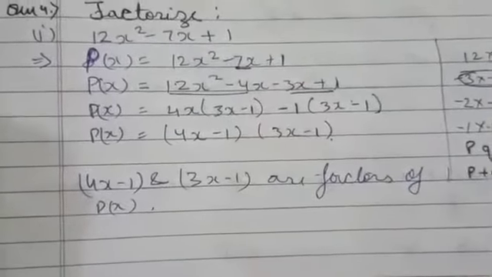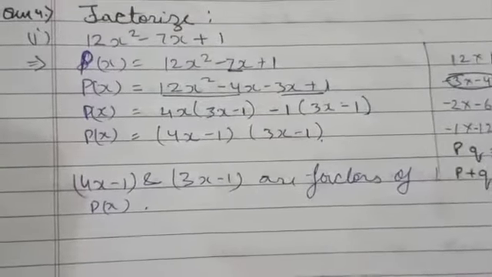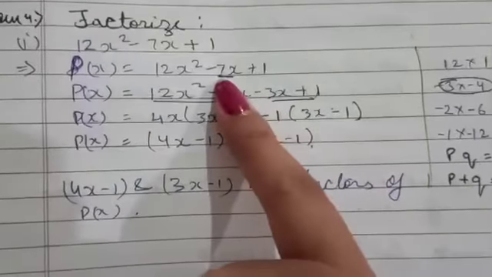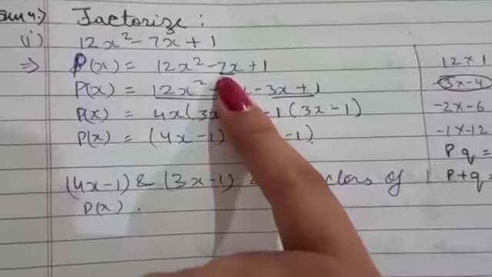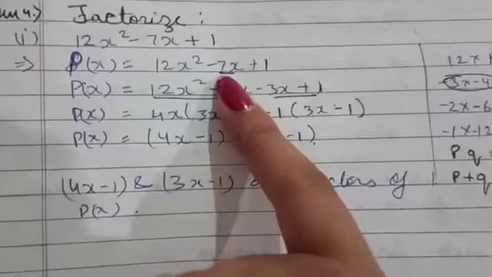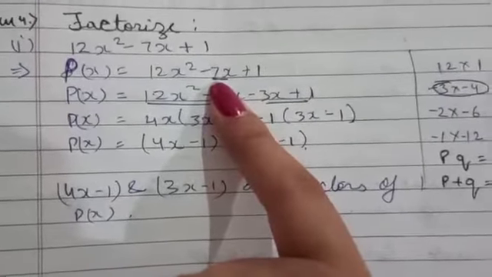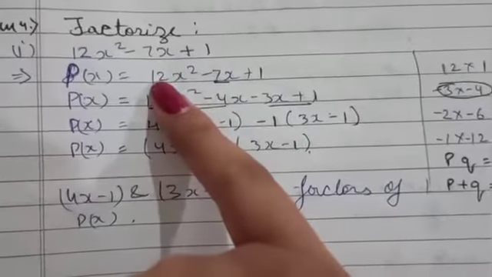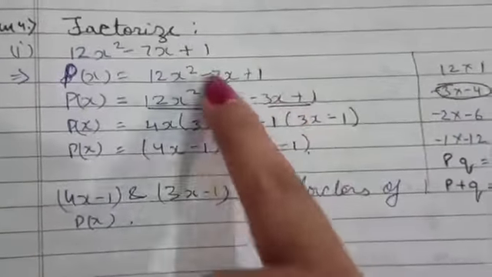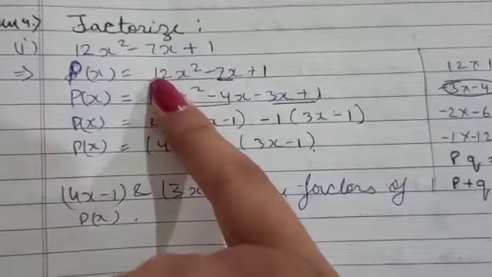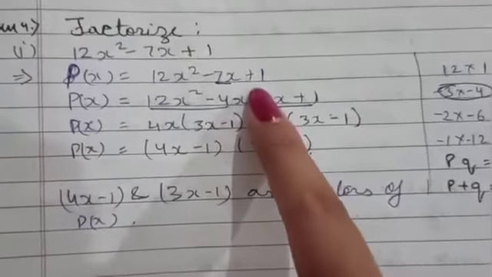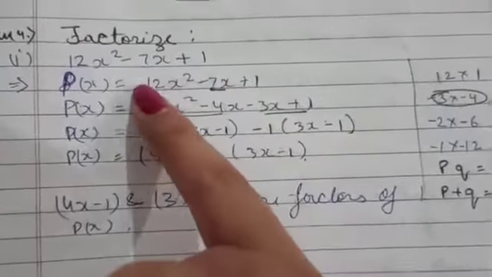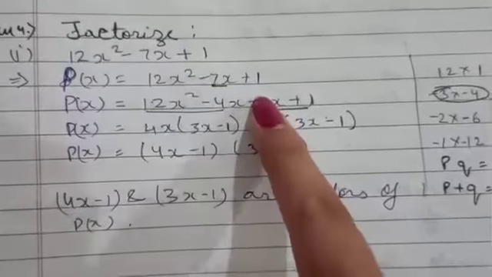What we have to do? We have to solve using splitting the middle term. So the middle term is what? Minus 7x. We have to split the middle term in such a way that the product of the coefficient of the first term and the last term, the coefficient of the first term is 12 and of the last term is 1, so the product is 12.